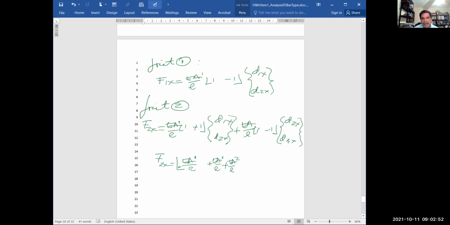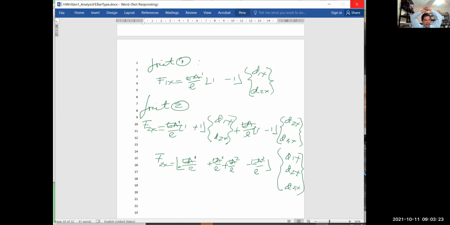And the third one is minus EA over L2. This is a row, and it's multiplied by D1x, D2x, D3x. And in this way, we are going to concatenate. We're going to link elements 1 and 2.